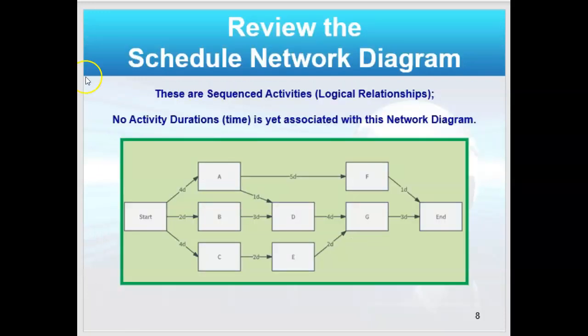Now, just as a review, that network diagram, notice there are no times here. It's just a network diagram. It's about the relationships, and this is an output of sequence activities. So I have all these activities, which are called nodes, A node, B node, C node, and I sequence them.